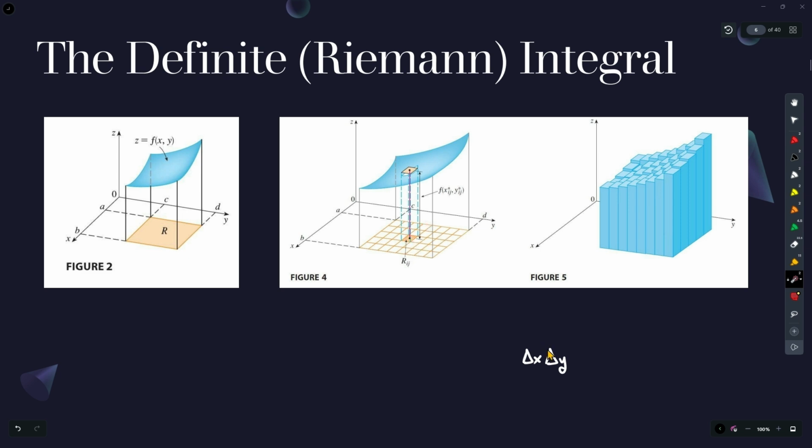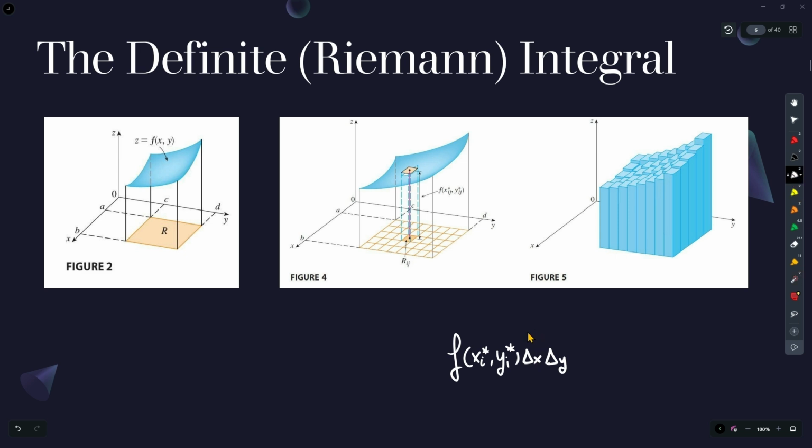The product of the two is the area of this little rectangle. And then I need to evaluate the function at one point that I've chosen arbitrarily inside this little rectangle to give me the height of the box. So I've picked an x_i star and a y_j star, times delta x times delta y. This will be the volume of one of those boxes.